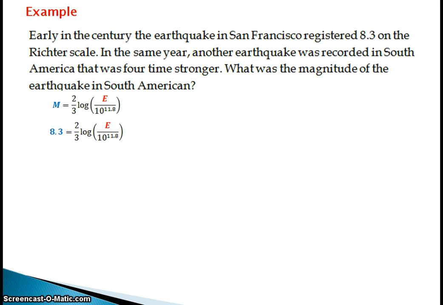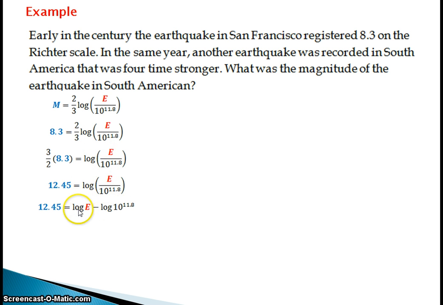To solve for E, we need to isolate that log expression. So we're going to divide both sides by 2 over 3, which ends up being the same as multiplying 8.3 by 3 over 2. And then we are going to separate or expand this single logarithm into 2 logs, because log base 10 of 10 to the 11.8 power is a number.